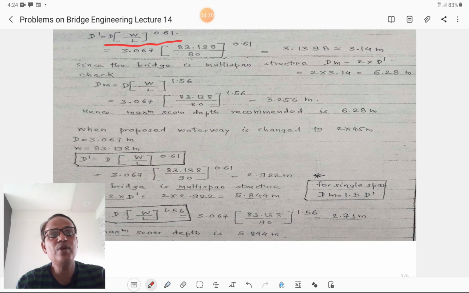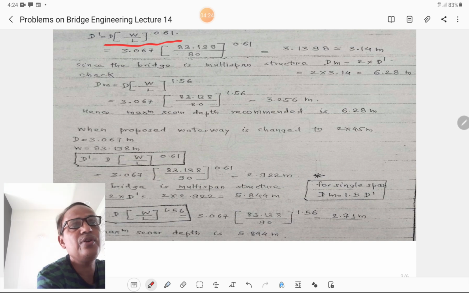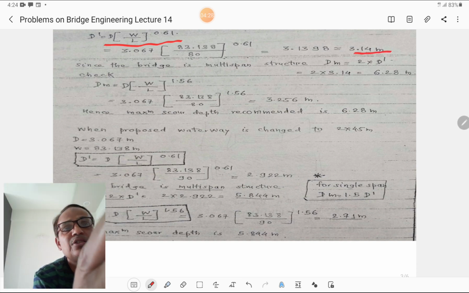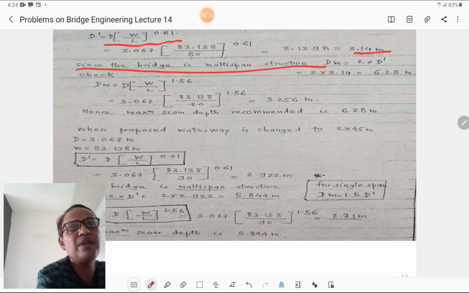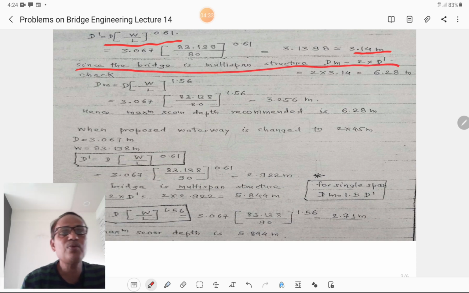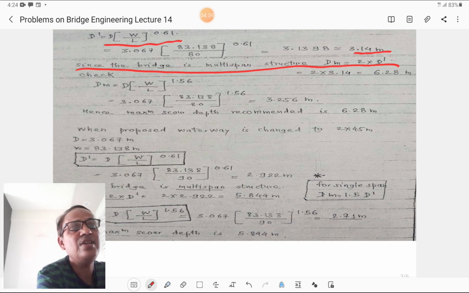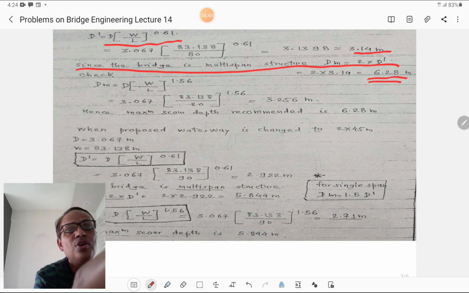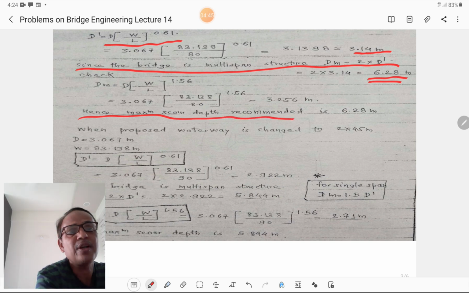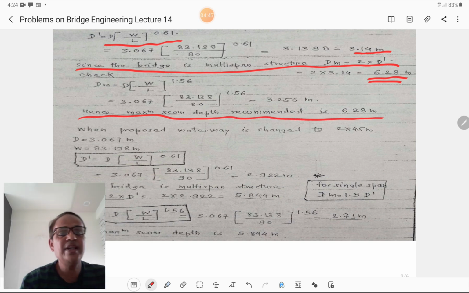What is L? 2 into 40, raised to 0.61. So you will get D dash as 3.14. And since the bridge is a multiple span bridge, the maximum depth of scour is 2 into D dash. So 2 into 3.14, you will get the answer as 6.28. So maximum depth of scour recommended is 6.28.